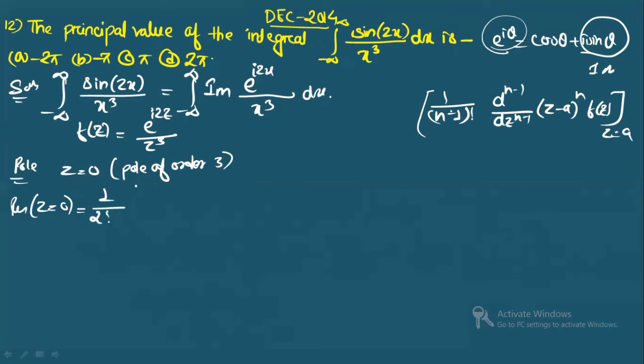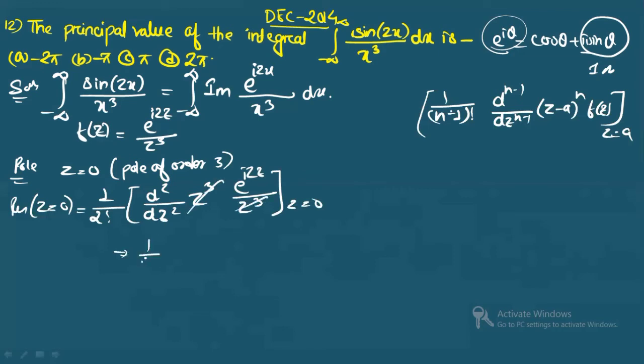So here it is 1 by factorial 2, d square by dz square, right? This is z cube, and this is e to the power 2z by z cube, at z equals 0. So this gets cancelled. 1 by factorial 2 is one half. Now e to the power i 2z, on differentiating once, you will get 2i e to the power i 2z.